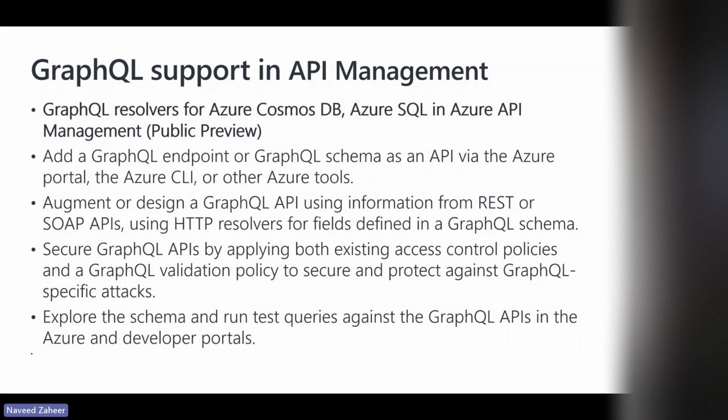You don't have to write an API. You can just use API management and the resolver support that it has. And here we go. You can expose those data structures, or data, through API management with GraphQL support. I hope I'm not saying Graph API, it's GraphQL support.